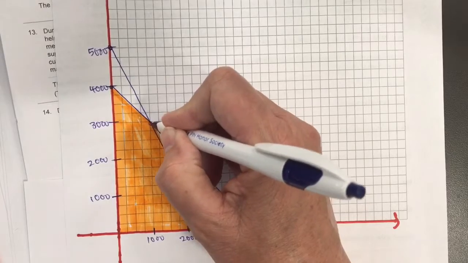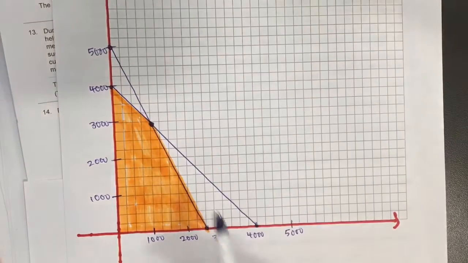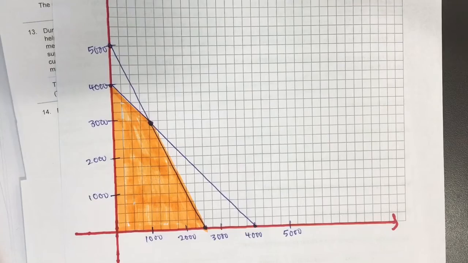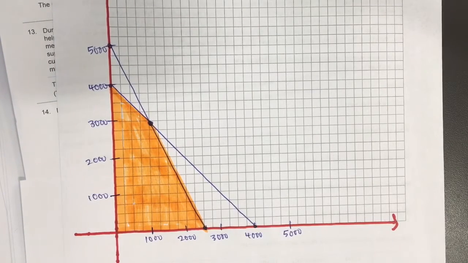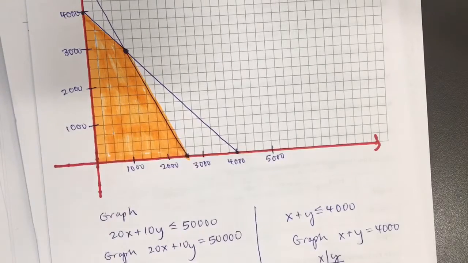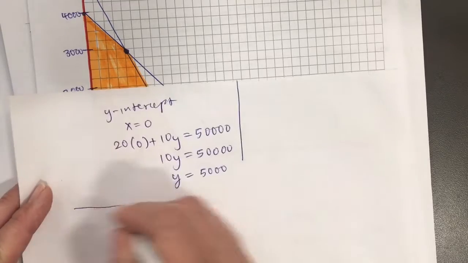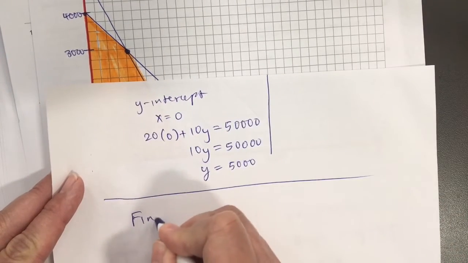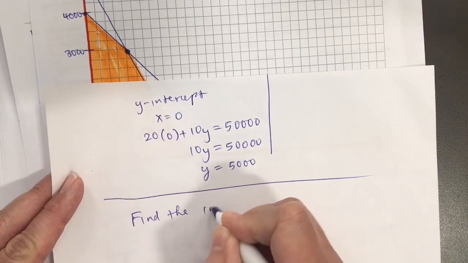Well, I'm going to have one there where the two lines intersect. So to find that point, you could take a guess and plug it in and see if your guess is correct. Or we could use substitution and elimination. I am going to go with one of those. So I'm going to write find the intersection point.